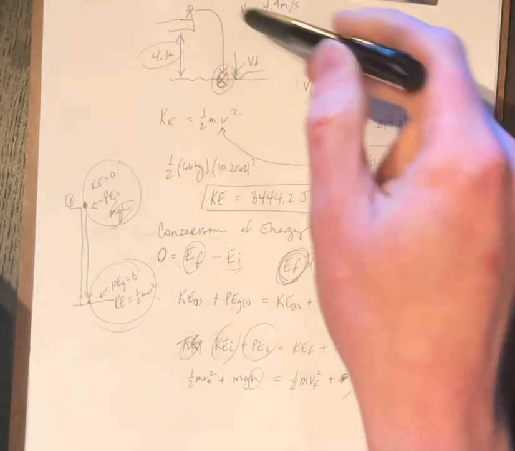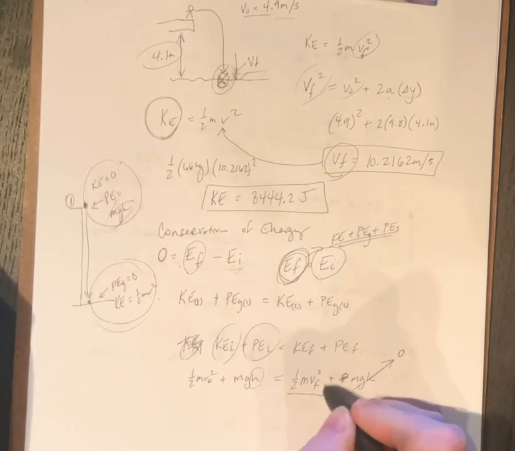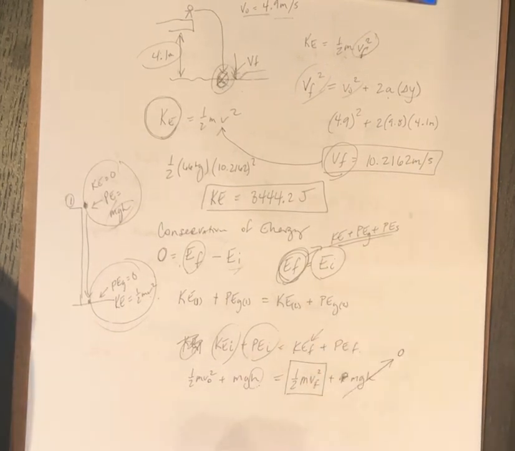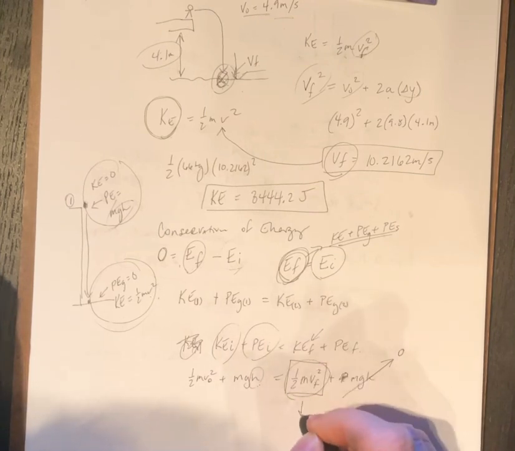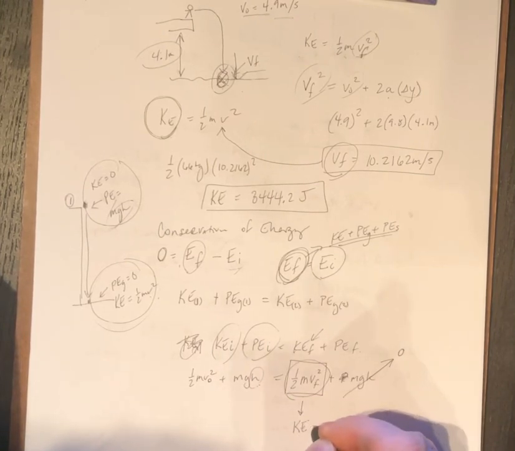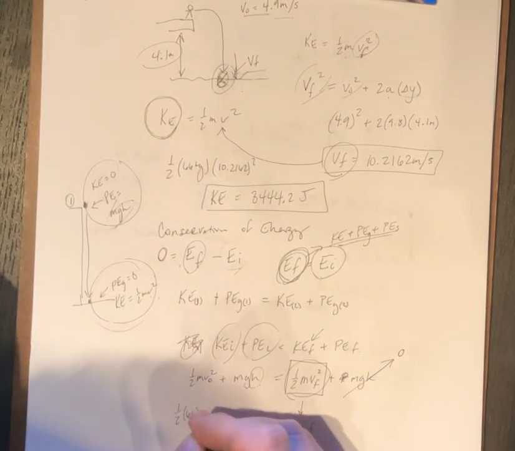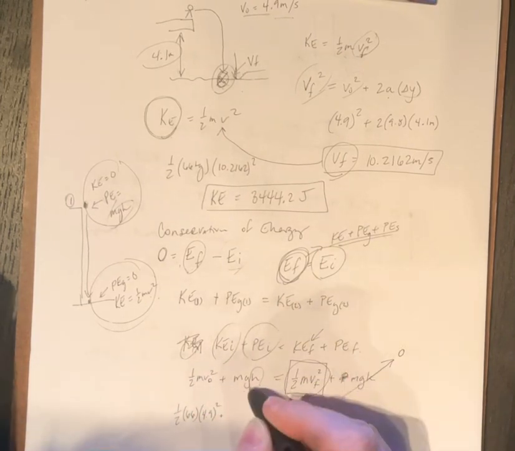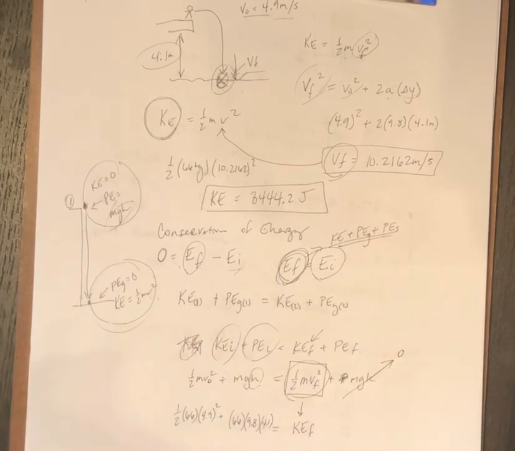So the problem's asking, what is the kinetic energy when they hit the water? Well, this is the kinetic energy when they hit the water, right? This is the final state. So instead of plugging in numbers here, we're just going to say that is the kinetic energy final when they hit the water. We plug in the rest of our numbers: 1/2 times 66 times their initial velocity, which is 4.9 squared, plus the gravitational potential energy, and they're at a height of 4.1 meters.